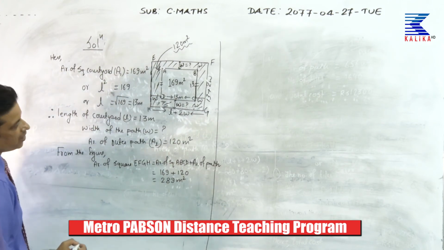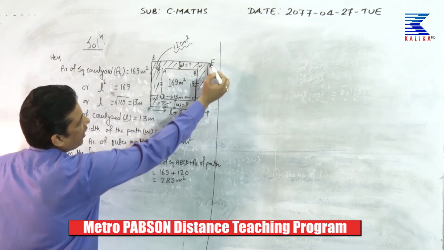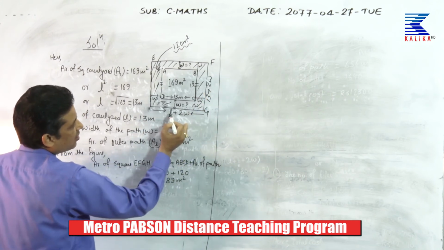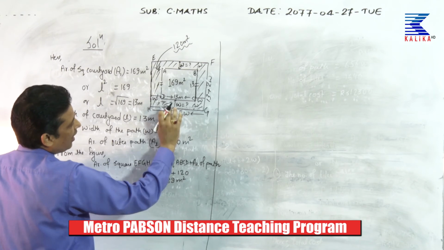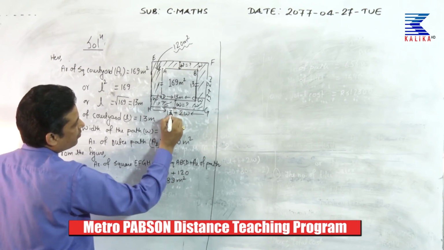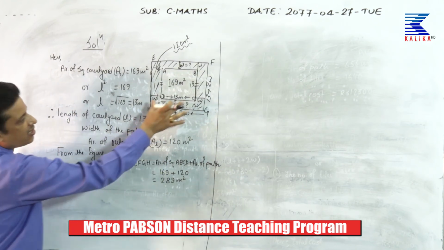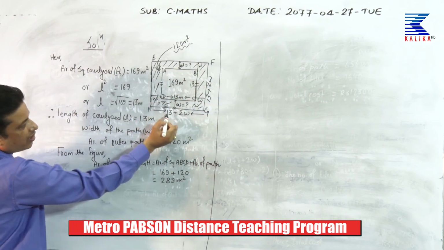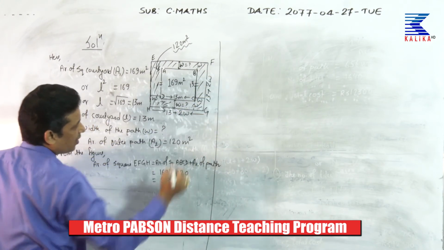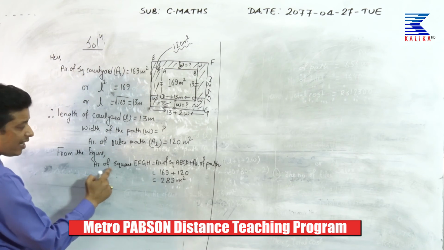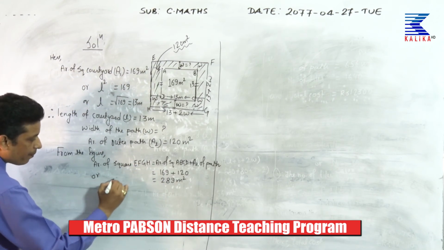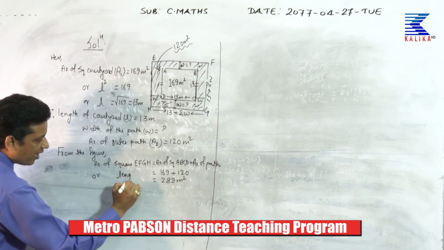So, dear student, here you see FG is 13 plus 2W, HG is L plus 2W, and L here I am going to replace by 13, because the inside length is taken as 13. So, this is 13 plus 2W, this is 13 plus 2W. So, area of square EFGH is the square of its length, dear student.